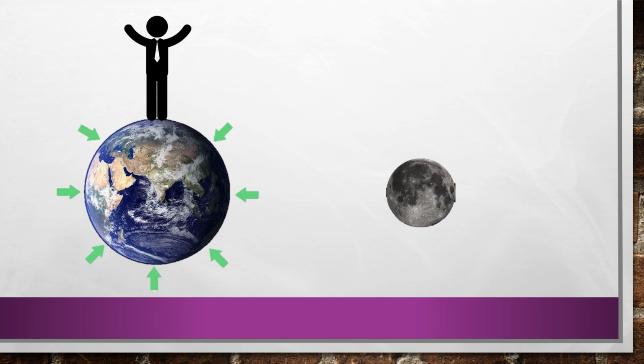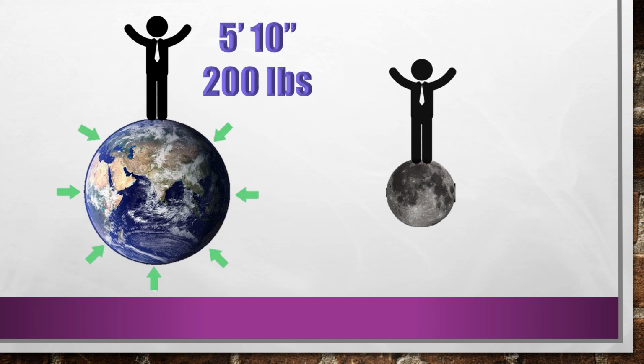So you and I have a specific mass, right? I don't change if I travel out into space, but my weight, my measurement of gravitational pull, definitely changes, right? So let's say I was 5'10" and 200 pounds. I wish, but I'm not, right? Then on Earth, I know how much I'm going to weigh. When I go to the moon as an astronaut, have I shrunk? Did I change my size?